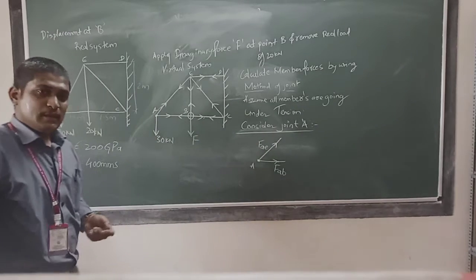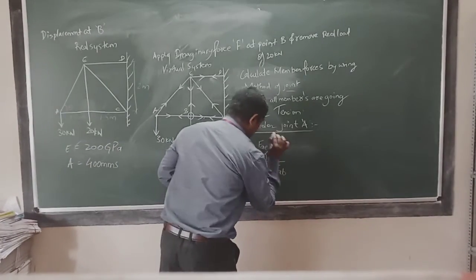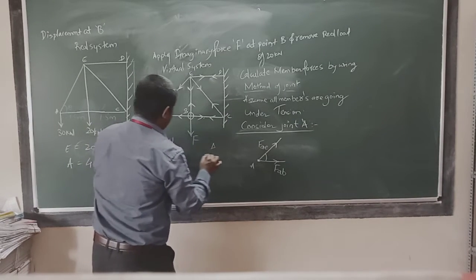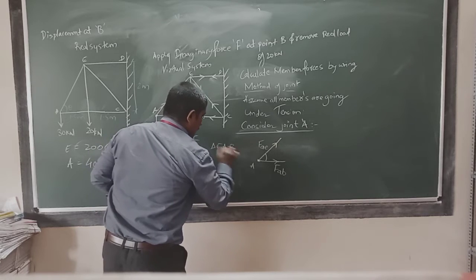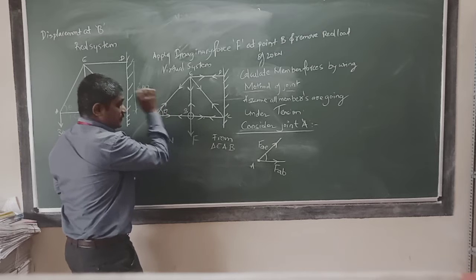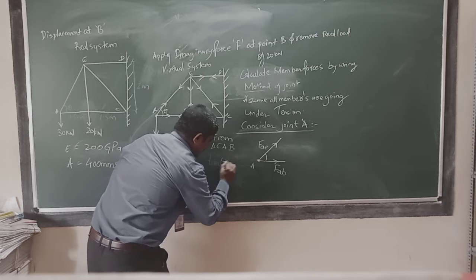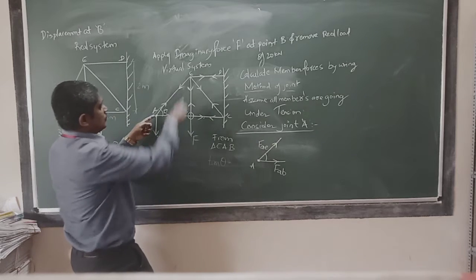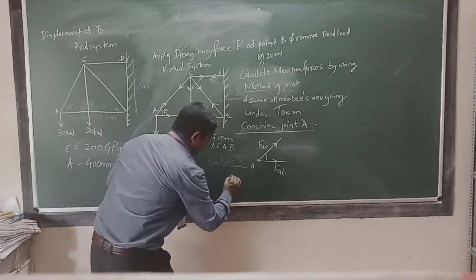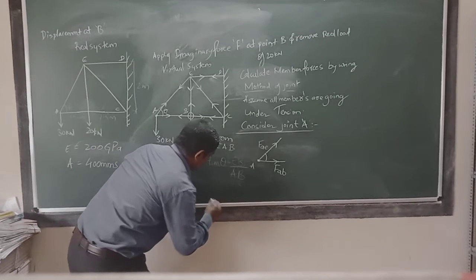Now we want this angle theta. I can easily calculate it from triangle EAB. Tan theta is equal to perpendicular, that is EB, by base, that is AB.